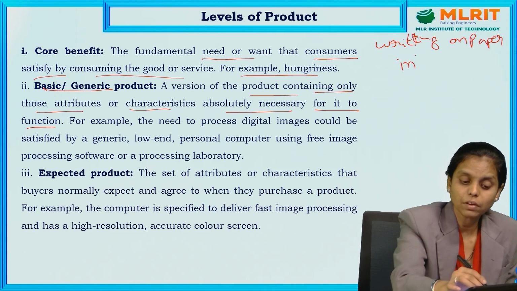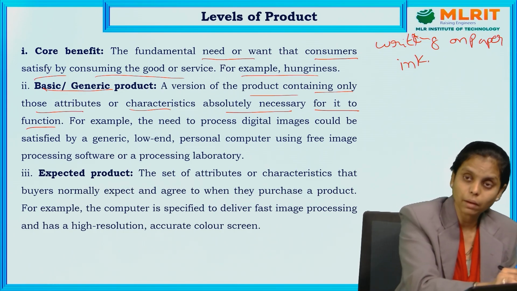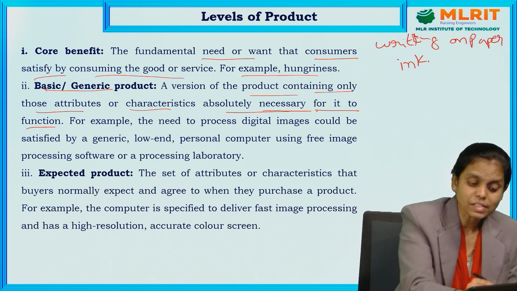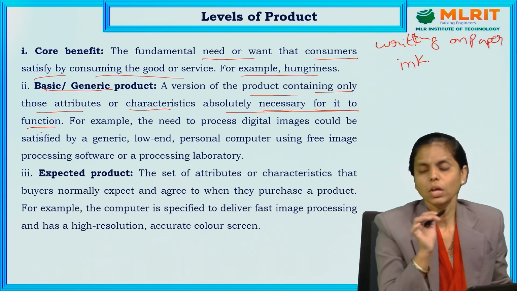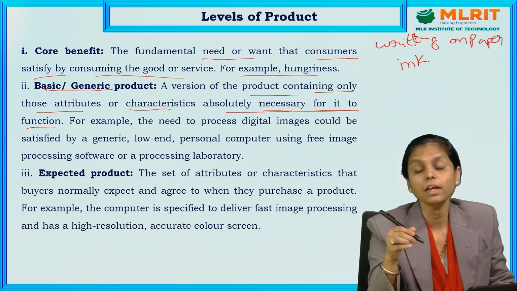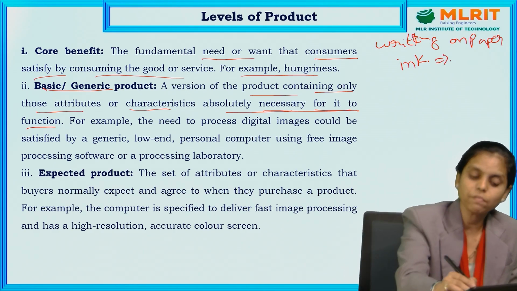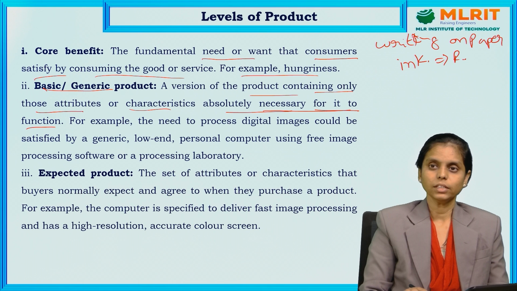Ink is our core product. Now, under this generic level, what is necessary for its functioning? The ink can write. When we put the ink in a refill, then we can write effectively. That is what comes under the generic level here.